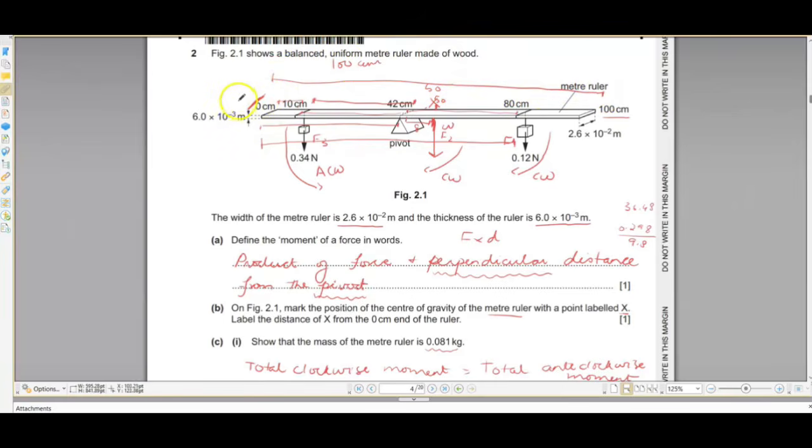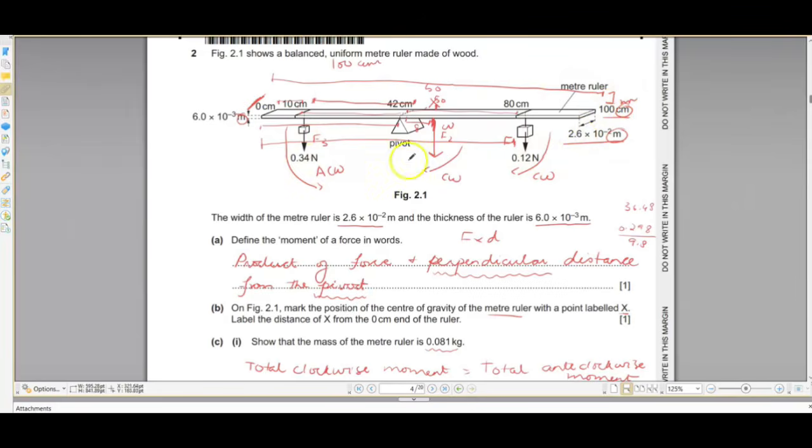This is the height, 6.0 into 10 raised to the power minus 3, and this is the width. If you look clearly, 2 of these are in meters and the third one is in centimeters. So we need to convert this into meters as well. So this is going to be divided by 100, obviously, so this is going to be 1 meter.